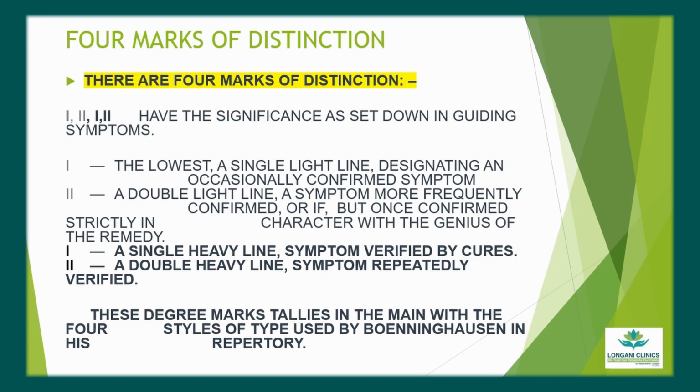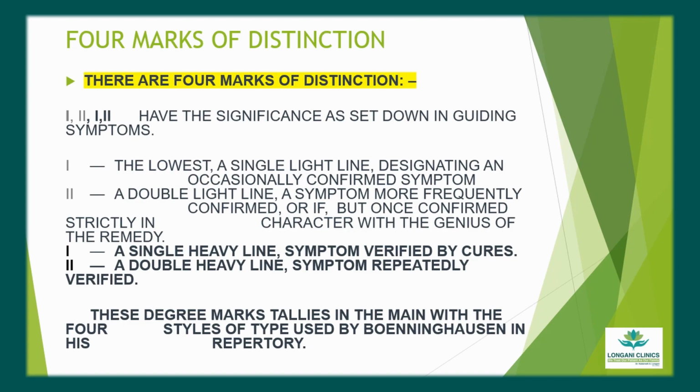Single light line, the lowest, designates an occasionally confirmed symptom. Double light line, a symptom more frequently confirmed, or if but once confirmed, strictly in character with the genius of the remedy.